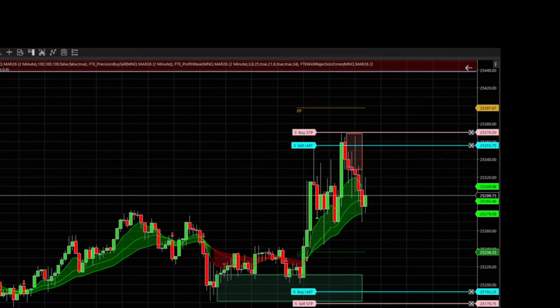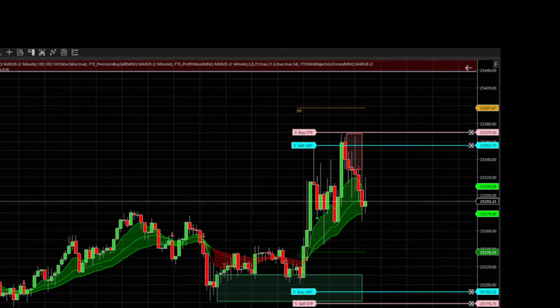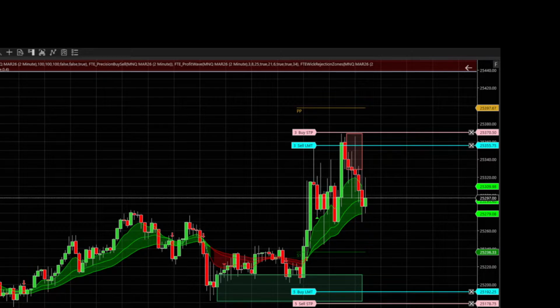So now I'm playing my wick rejection zone boxes, one or the other. If I get stopped out, I get stopped out. Yeah, I'm used to this moving around more than this when the ATR is that high, though.